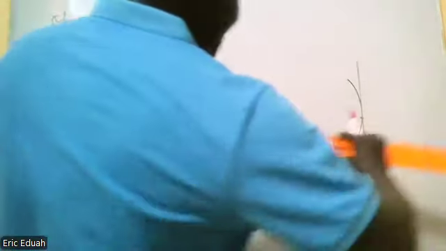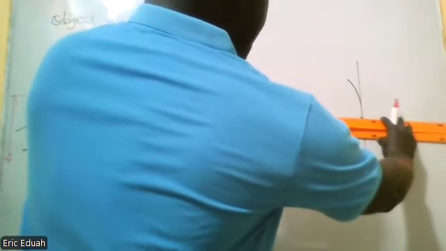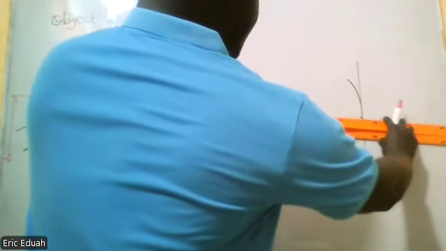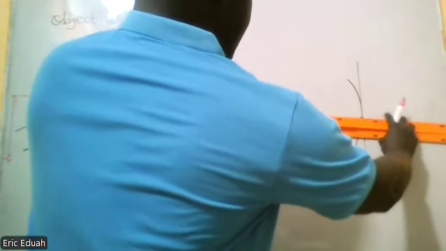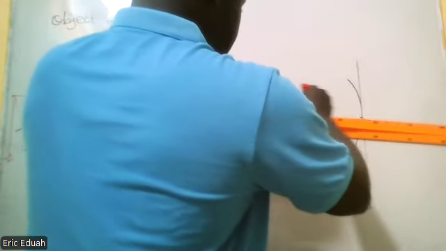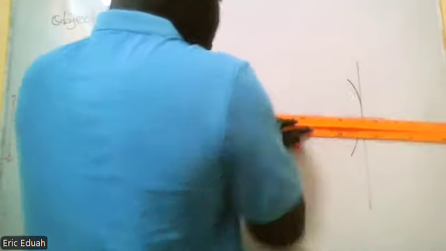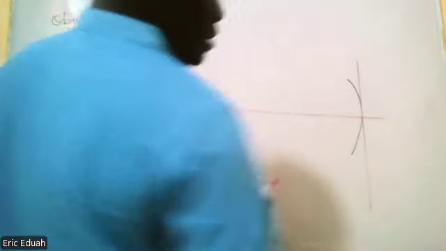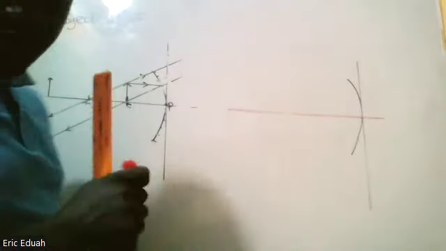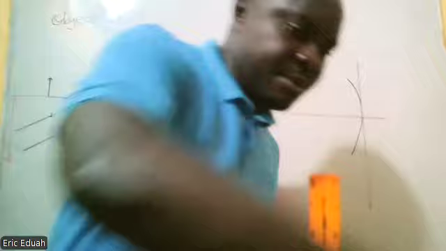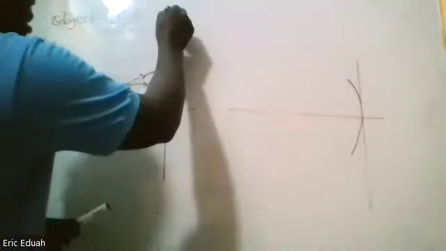Let's draw the principal axis. It's a concave mirror. Well, let me change the markers. It isn't writing so well.